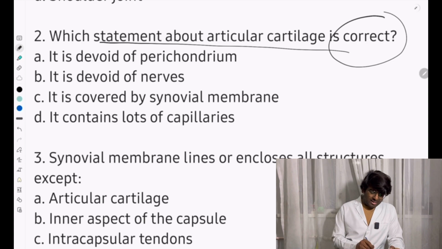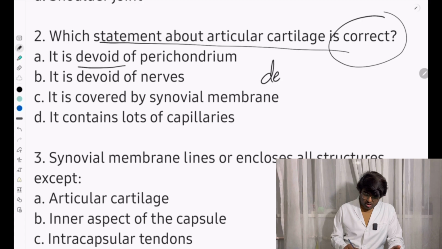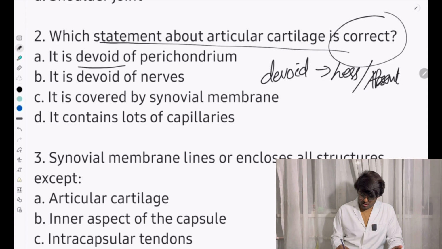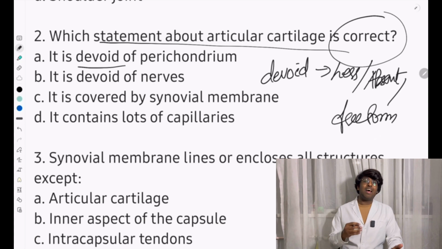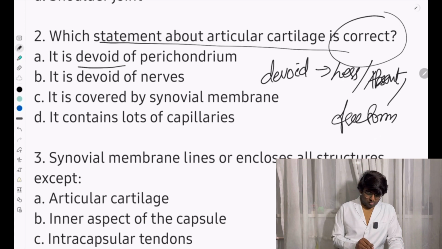First one, it is devoid of perichondrium. What do you mean by devoid? Devoid means less or absent, free from, which means that they are lacking. So articular cartilage lacks perichondrium. They are lacking nerves?